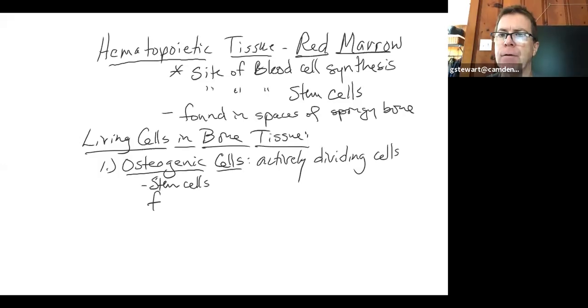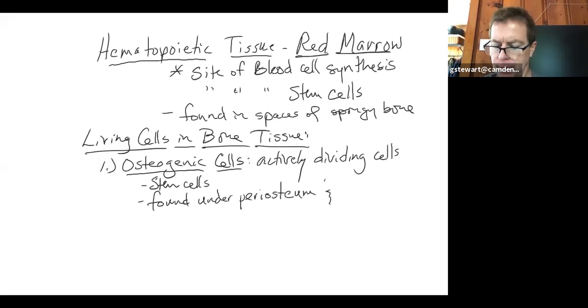We know that they're found under the periosteum, so on the outside surface of a bone, as well as under the endosteum on the inside of the medullary cavity.